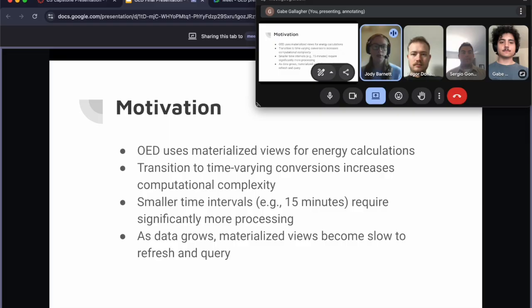As the system transitions to support time-varying conversions, where conversion rates can change over time, the computational complexity increases significantly. Supporting time-varying conversions, where rates can change frequently, requires splitting readings into smaller intervals, such as 15 minutes, and significantly increases processing demands. As data grows, these materialized views become slow to refresh and query, which is what motivated us to look for a better solution.